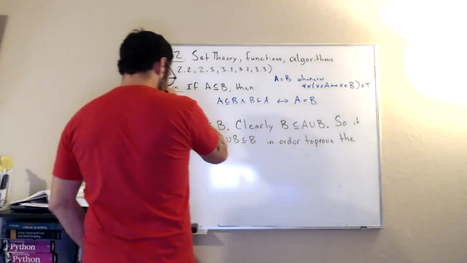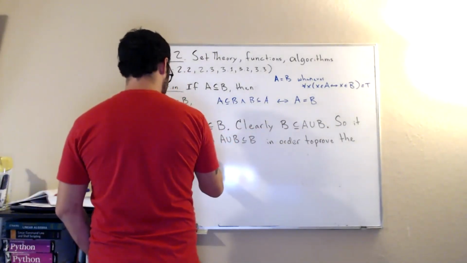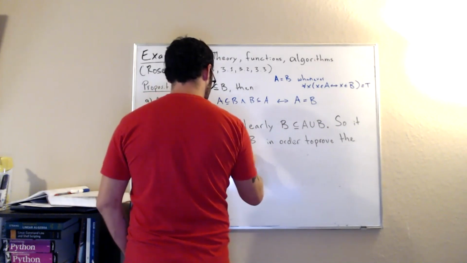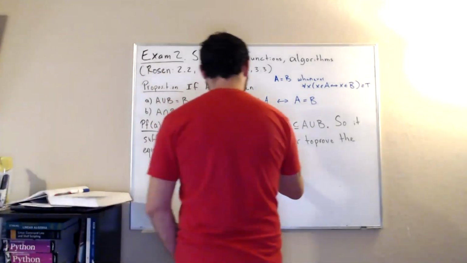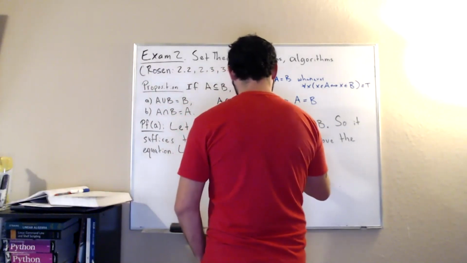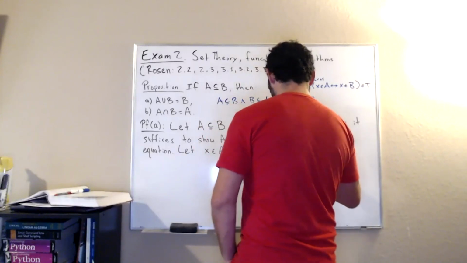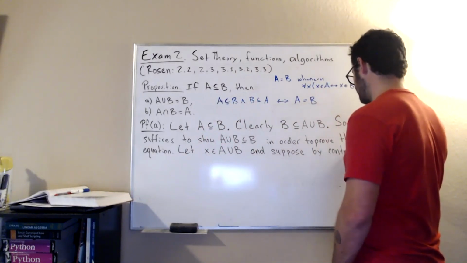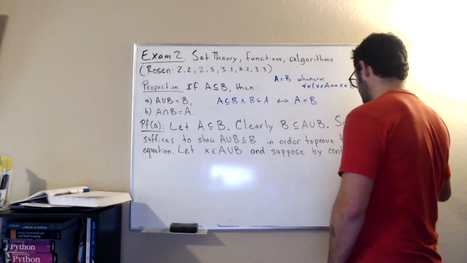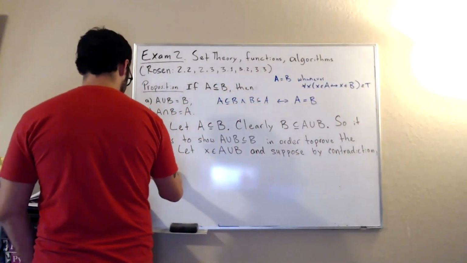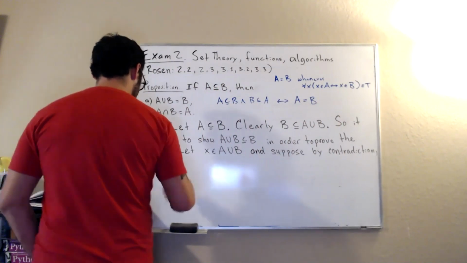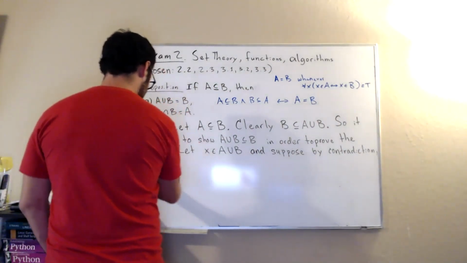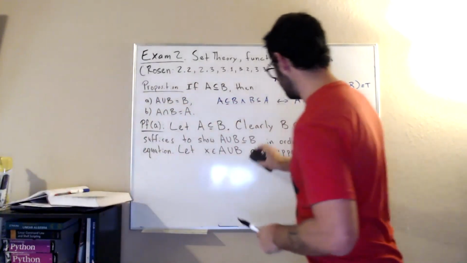Okay. So say let X be an element of A union B. And suppose, by contradiction, so again, we're supposing the opposite, that X is not in B. Again, I'm just trying to write this as clearly as possible for your notes.